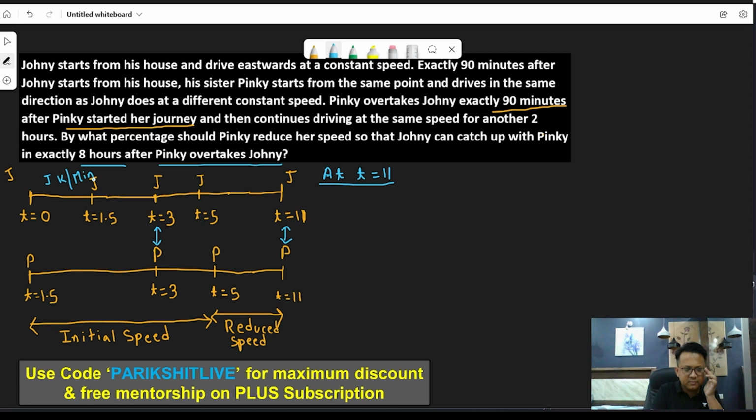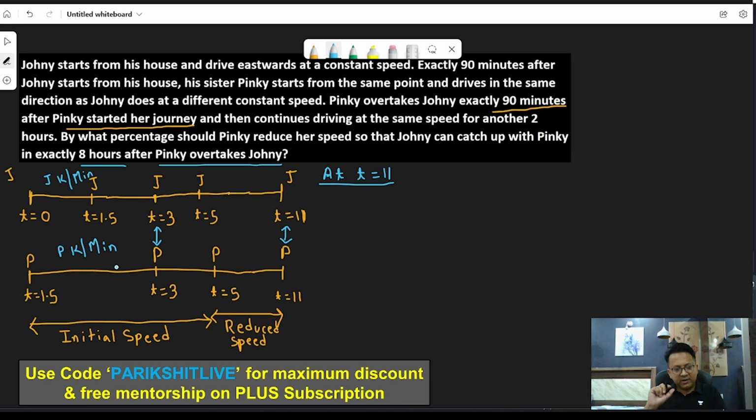And Pinky's speed, initially, let it be P kilometers per minute. Whether kilometers or miles doesn't matter, it's P units per minute.